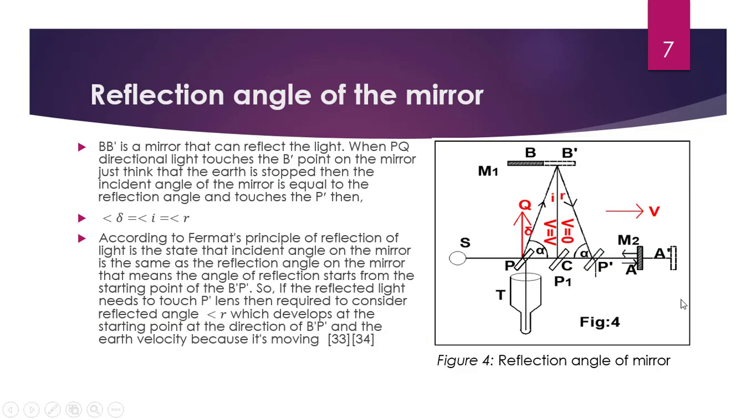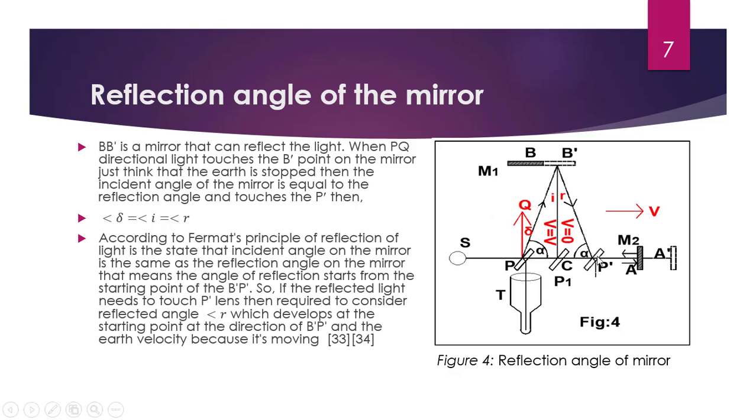I explain it again. If you put down the light in the PQ direction, then the light touches B dash, and develops the incident angle. When it touches B dash, at the same time you have to stop the earth. Then incident angle will be equal to the reflected angle.